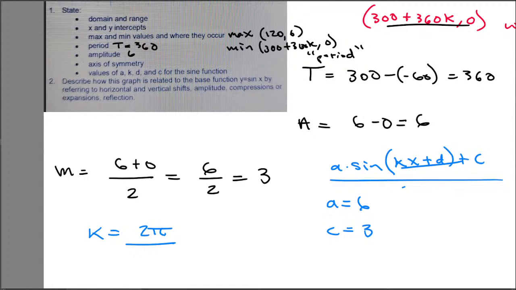Let me just think. Sine function. Well, I don't want to tell you something wrong.